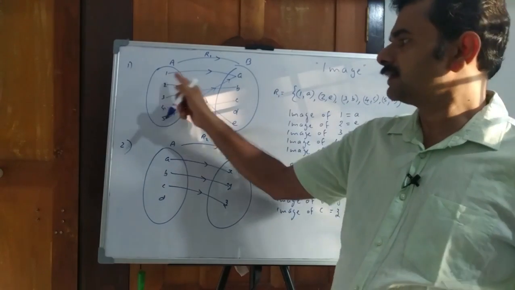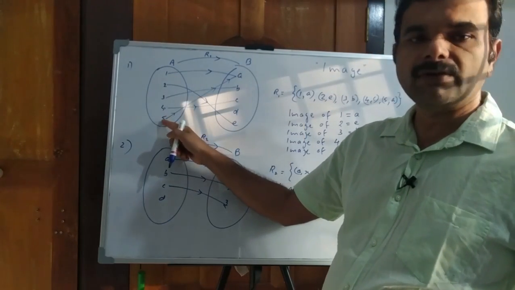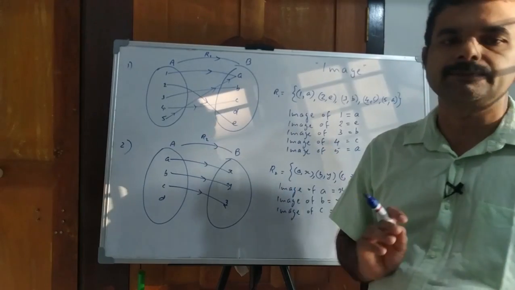That is right. But 1 has only one image, that is A. 5 has only one image, that is A.